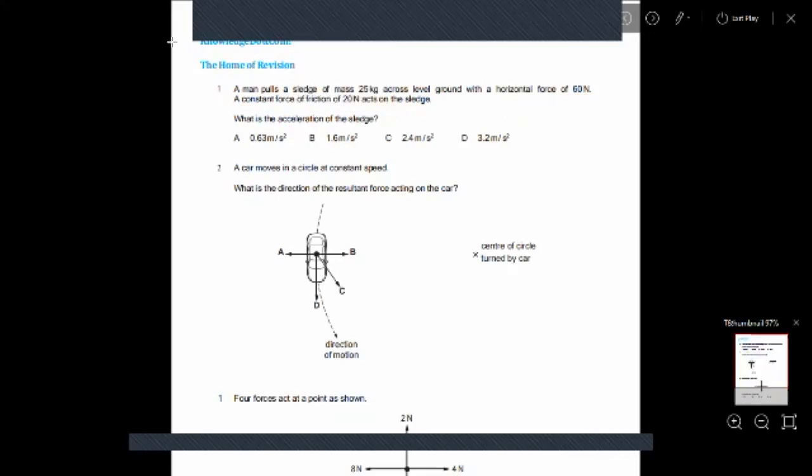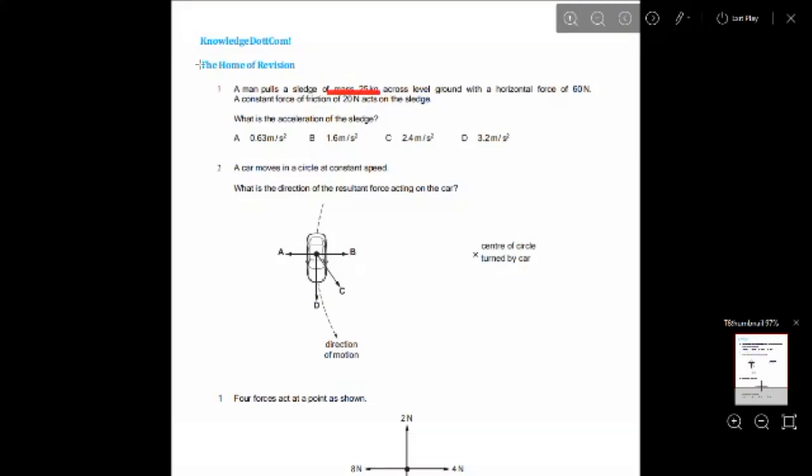First we have the information regarding mass. You can see the mass is 25 kg. I'm going to underline it. Then there is a horizontal force.